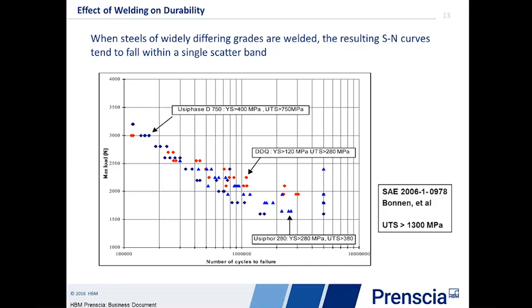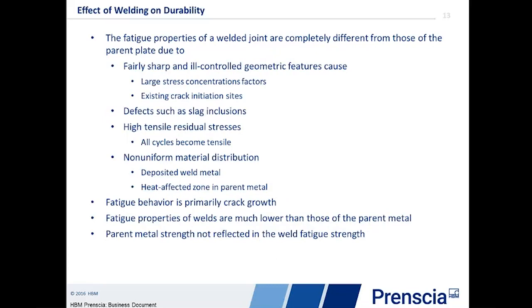This basically starts to make things like lightweighting more difficult, obviously, because just going off and replacing a steel with a higher strength steel doesn't necessarily improve the performance, especially at the welds. So just some basic observations on welds.